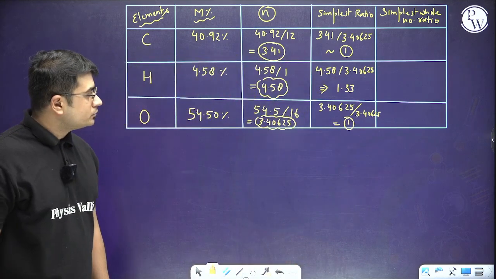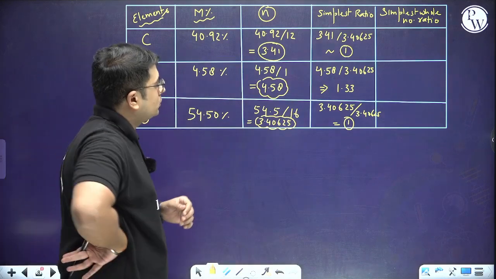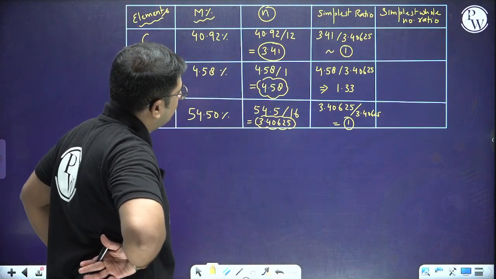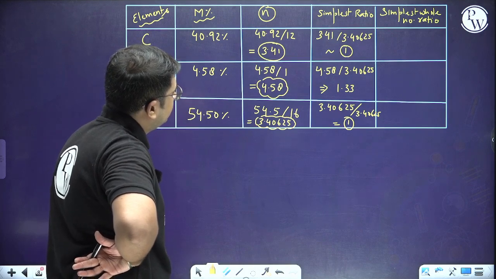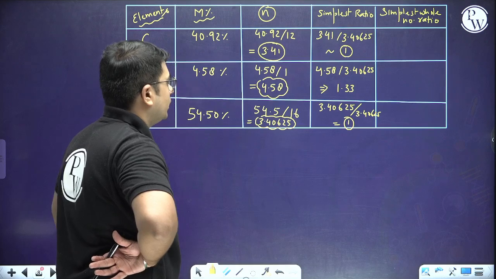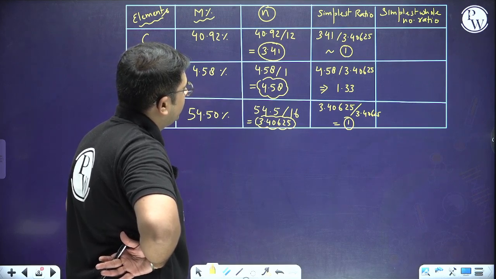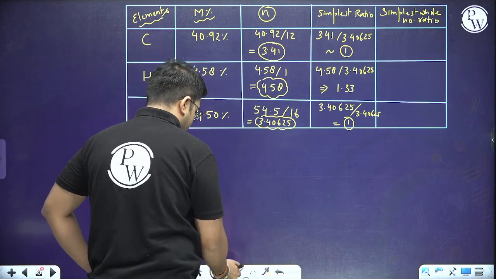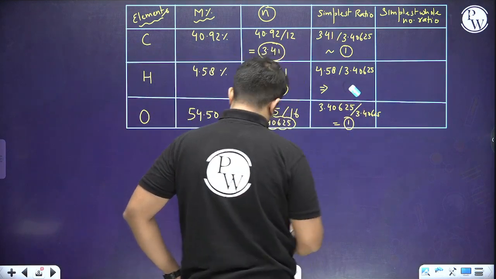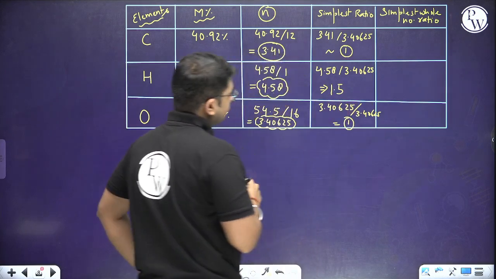Now this is not the simplest ratio, so what can I do? The hydrogen value is 1.33, one and one third. I guess that will be 1.33, approximately.